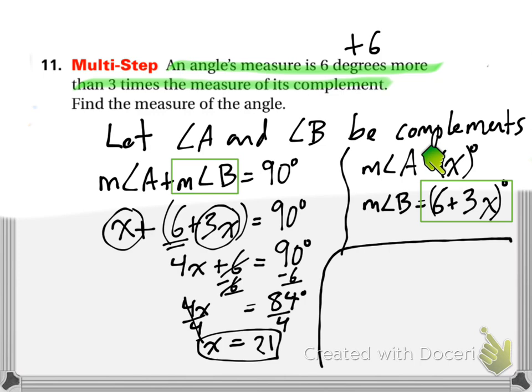Actually, the measure of angle A is equal to x, and x is 21. So the measure of angle A is 21 degrees. What would the measure of angle B be? Well, 90 minus 21, that's going to give you 69 degrees.